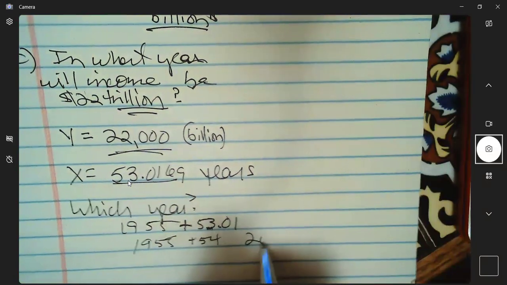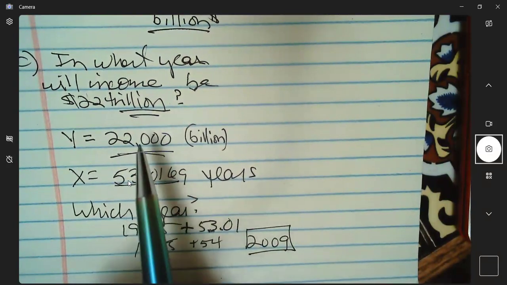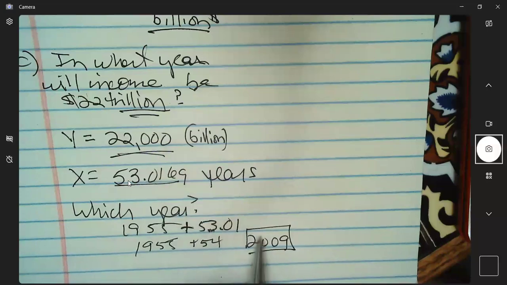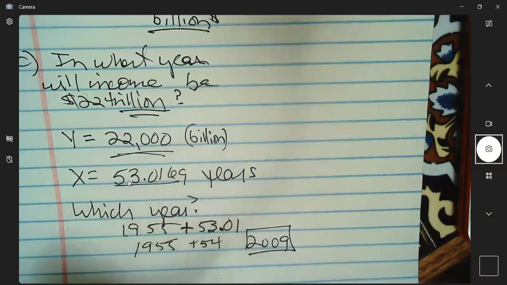Okay, so this means in the year 2009, the personal income hit 22,000 right at the beginning of the year, because we weren't very far into the next year. We were only 0.0169 of the way into the 54th year, which is 2009.